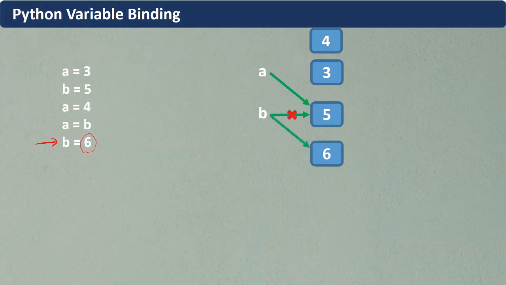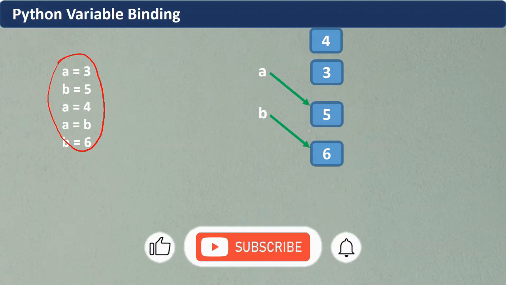And then b is binding to this new integer object. So in this way, this is what the assignment is actually. So after these 5 lines are executed, the result is this one in the memory, as you can observe. So this is a very, very important concept when you are writing very core level programming actually.